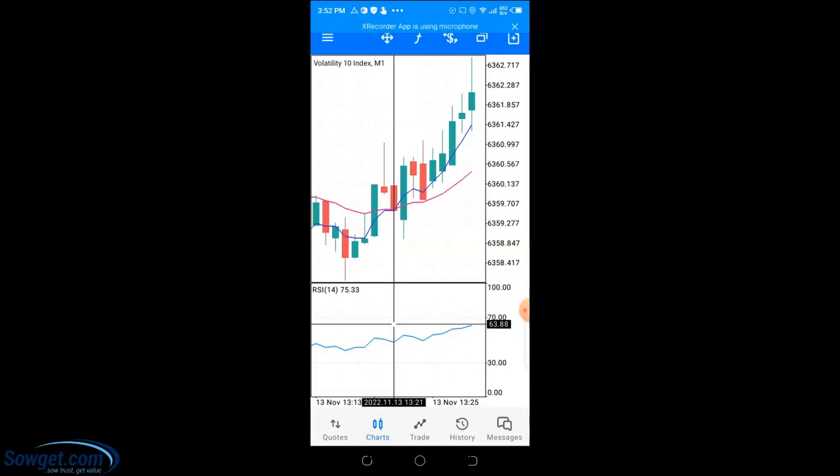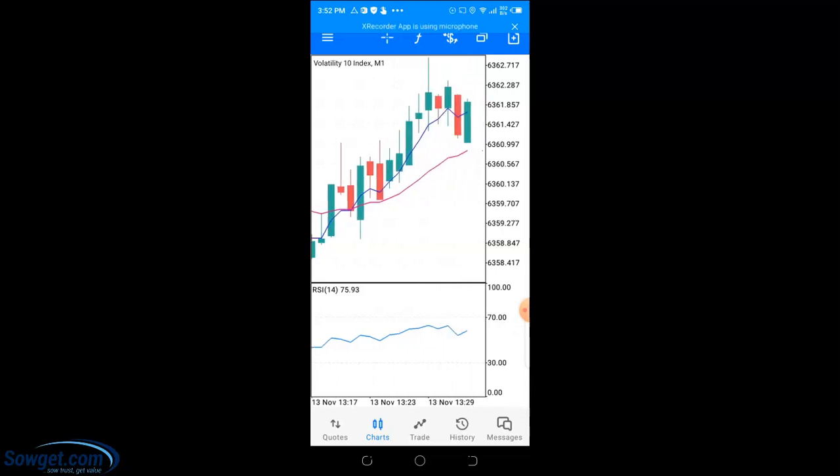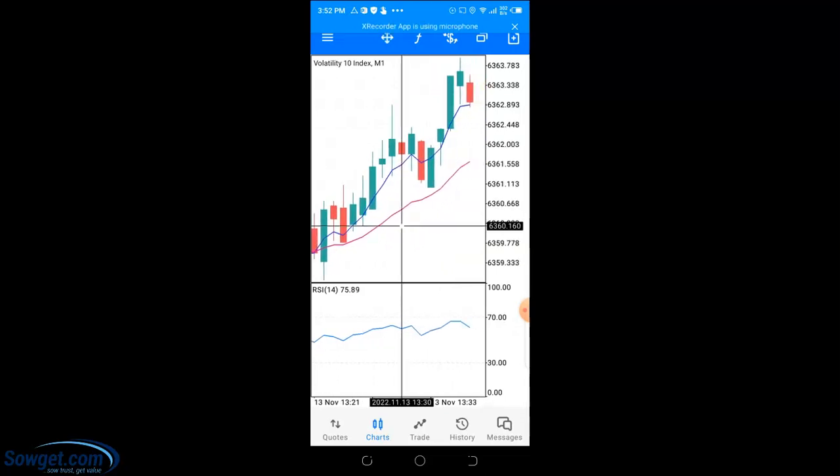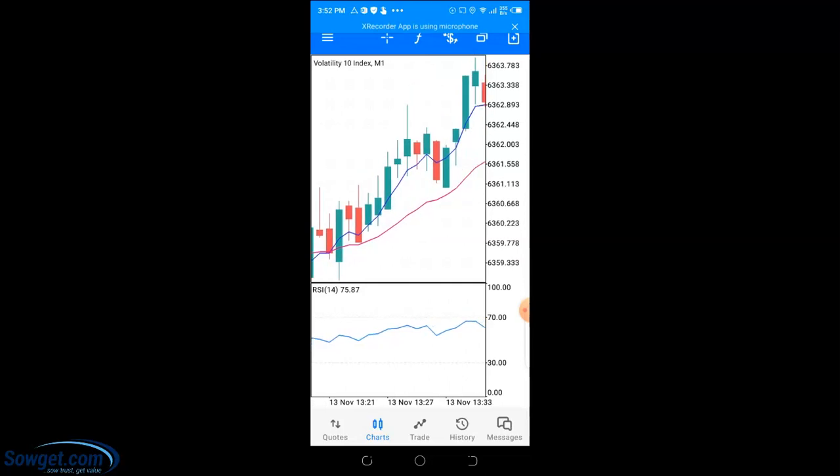Then you come here now. You see that the RSI was on 51 here, but you can see that around this portion it came to, okay, let me just remove this. So you can see that around here now, you can see what I'm talking about here now. Okay, all right guys, sorry about that.